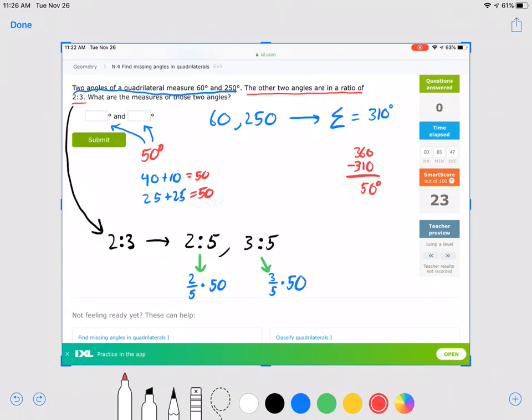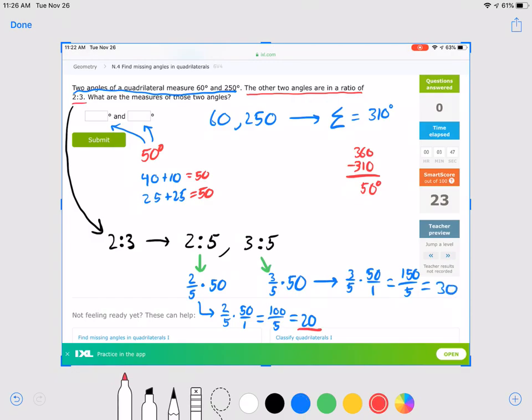Okay, so if we go ahead and we multiply these two, we're going to get 2 over 5 times 50 over 1, and you just multiply straight across, so we're going to get 100 divided by 5, which is going to be 20. And then if we do this one, 3 over 5 times 50 over 1, multiply across is 150 over 5, which is 30.